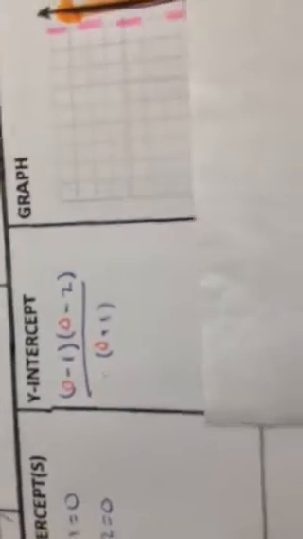Now, to find our y-intercept, we do the same thing as we did for the hole and plug in 0 to the simplified equation, and we see that the point is at 0, 2, which is also a hole. So you have to remember that.